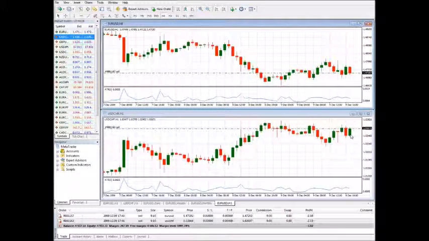When it moves into 20 pips positive territory, you could simply grab that 20 pips and use it to offset any movement against your original trade. So I hope that makes sense.